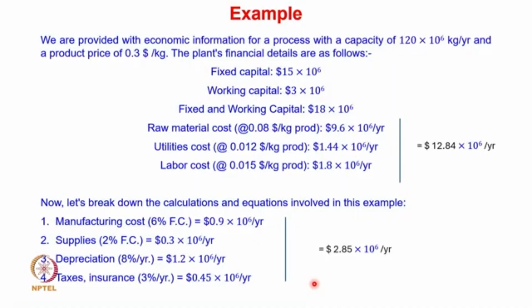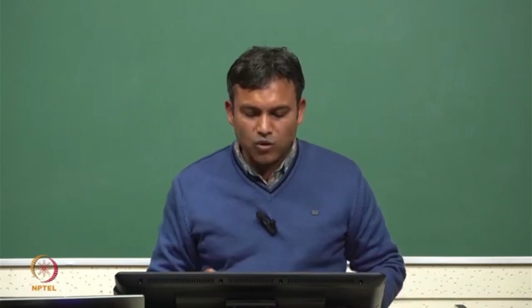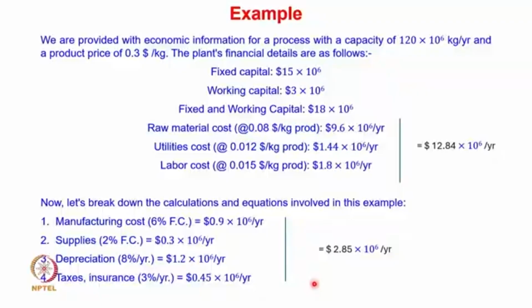Now let us take a very simple example to calculate all this, so that we understand this concept a little bit in more detail. So let's say we are provided with economic information for a process with a capacity of 120 x 10^6 kg per year, and the product price is around $0.3 per kg.